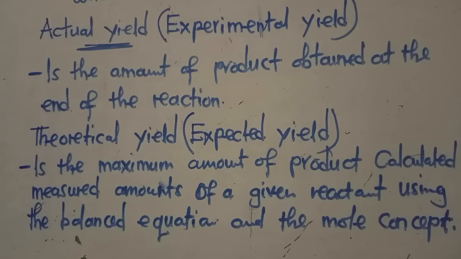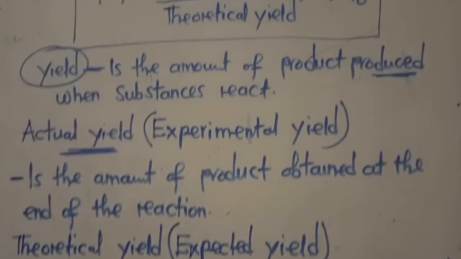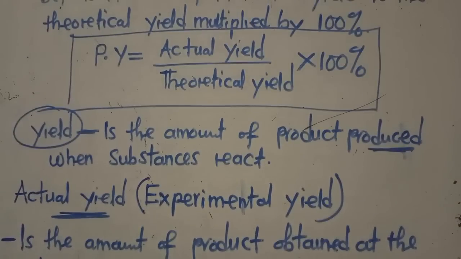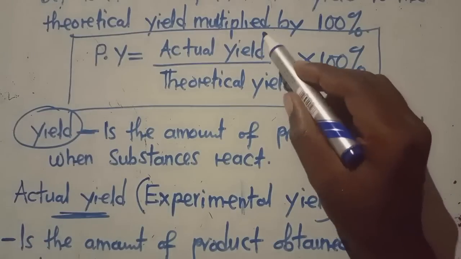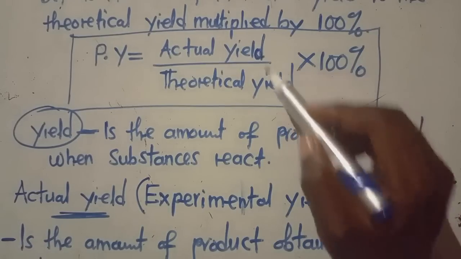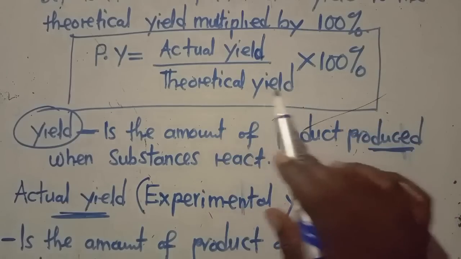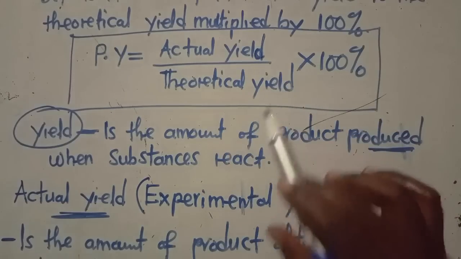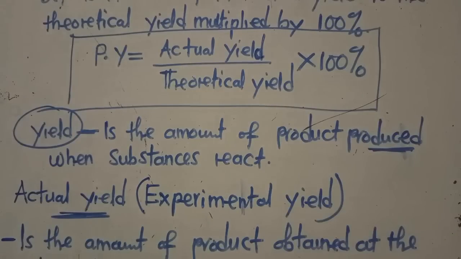Since this is a percentage, you need to understand that the actual should always be less than the theoretical yield, so that as we are calculating, equations will form up so easily. These are certain things that you are supposed to know and understand.